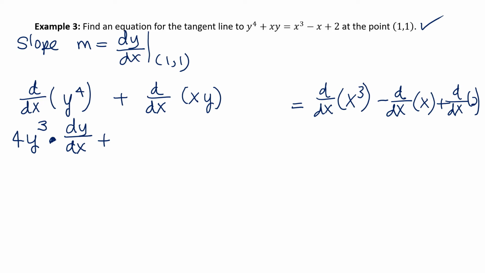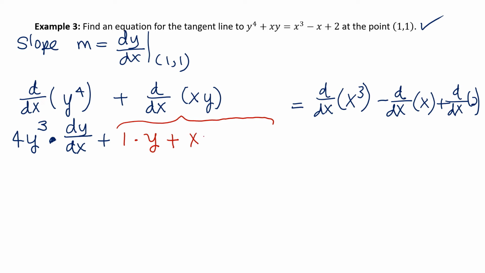Next, we need to find the derivative of the product of x and y. So we'll use the product rule, and we'll have the first function's derivative, x's derivative is 1, times the second function, y, plus, then we'll have the first function times the derivative of y.